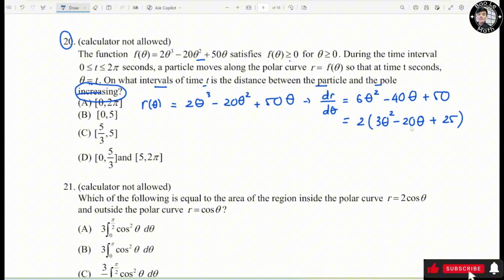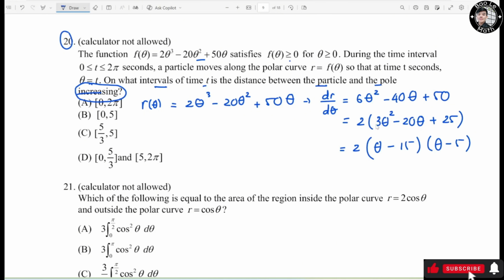Now we're going to factor this trinomial. So it could be 2 times 5. Two numbers that multiply to 75 and add up to negative 20: negative 15 and negative 5, right? So we have theta minus 15 times theta minus 5.